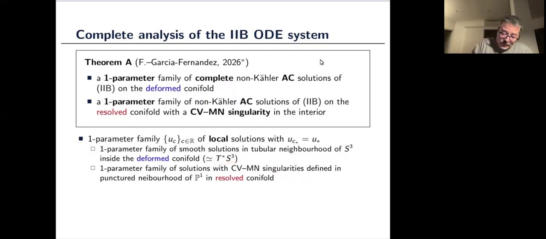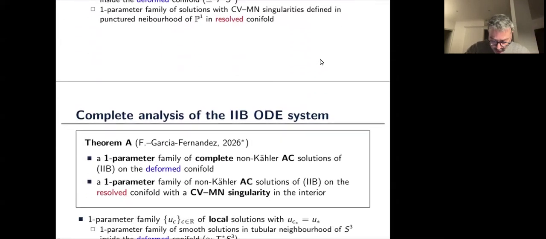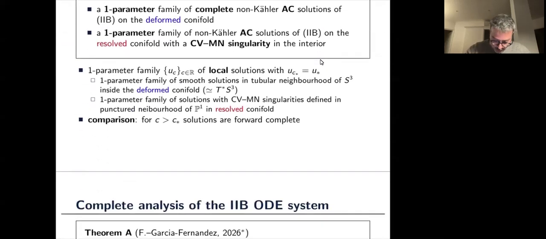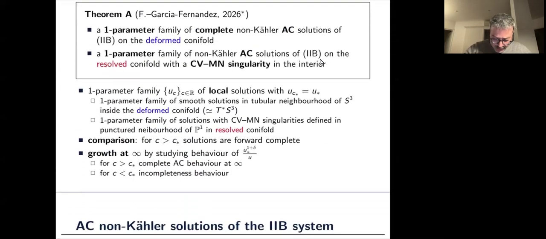And in the case of the resolved conifold, you construct a one parameter family of solutions that have the model singular behavior provided by this CVMN solution. Then you want to study which of these members of this one parameter family exist for all time and what the asymptotic behavior is. And that's where it gets a bit involved.